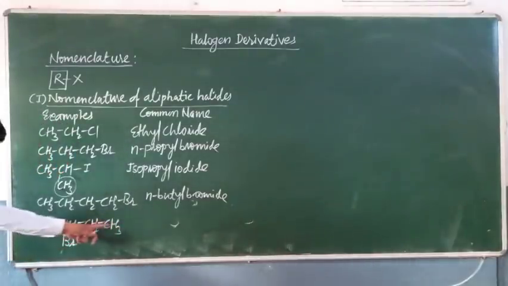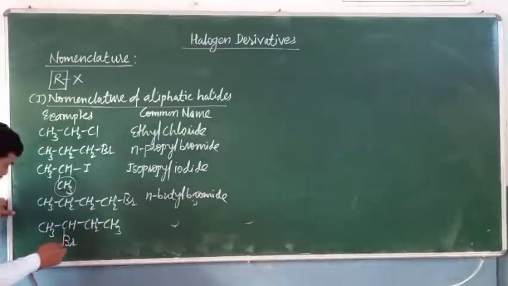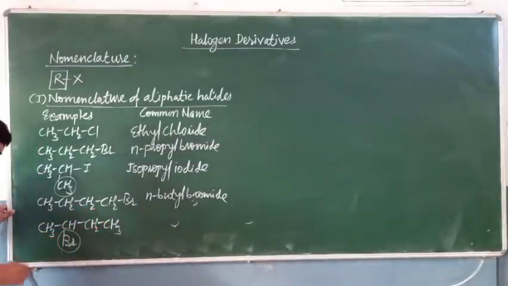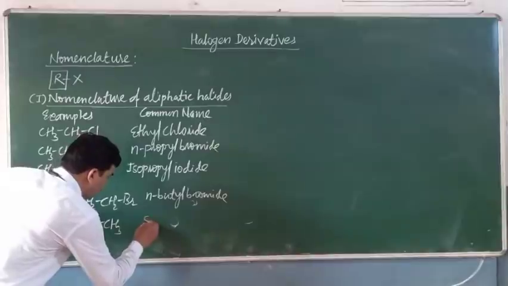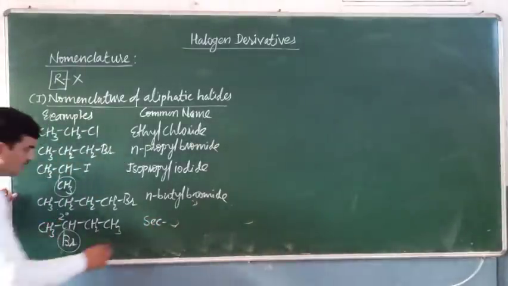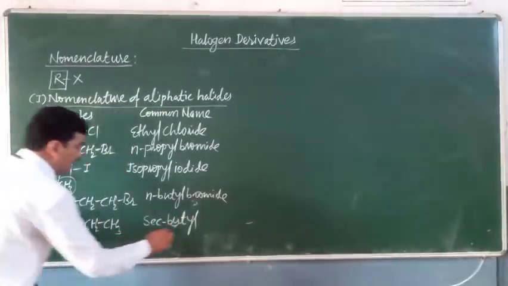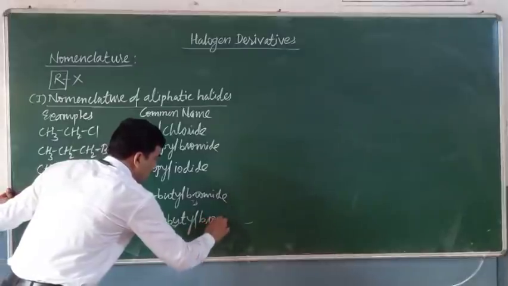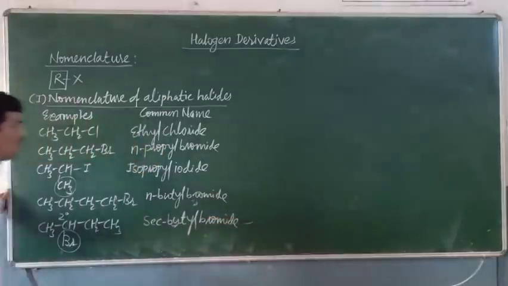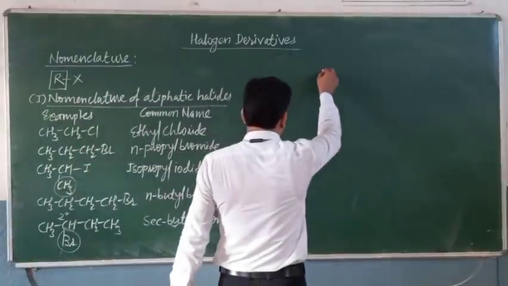Again the hydrocarbon chain contains 4 carbon atoms, therefore it is the butyl chain. But here the halide is attached to the secondary carbon, and therefore its common name becomes secondary butyl bromide.